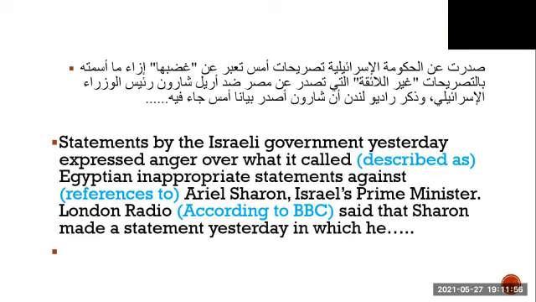Egyptian inappropriate statements, Egyptian inappropriate references to Ariel Sharon. You can say London Radio or according to BBC. Of course, in English, it's clearer to say according to BBC because BBC is well known.